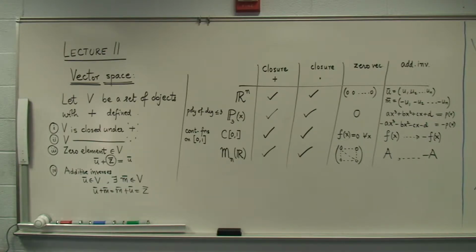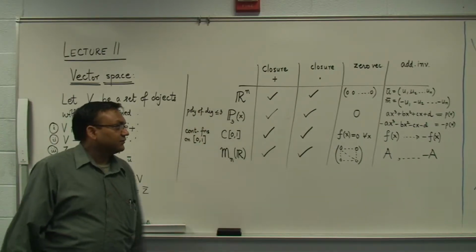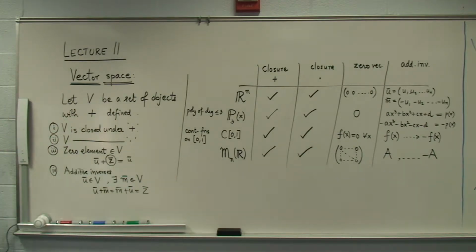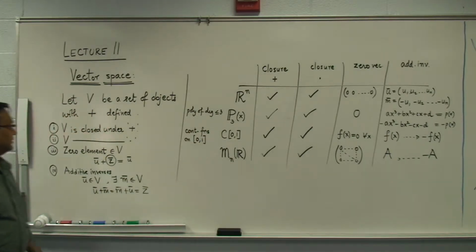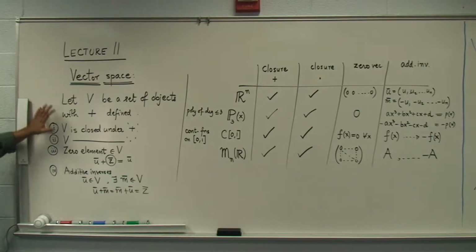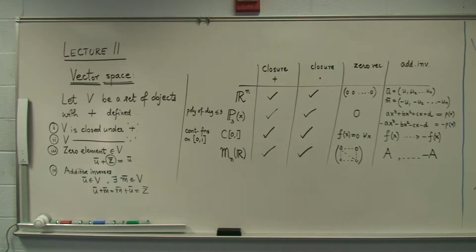So for us, all these sets with their operations, we will treat them as vector spaces. That means they all fit this kind of bill, and we try to understand the structure. Instead of going through each and every space once, we will develop tools for a general setting, and then apply them on each of those spaces as the need arises.